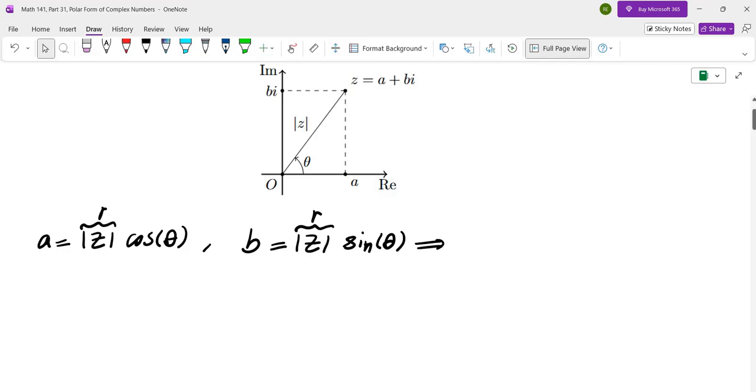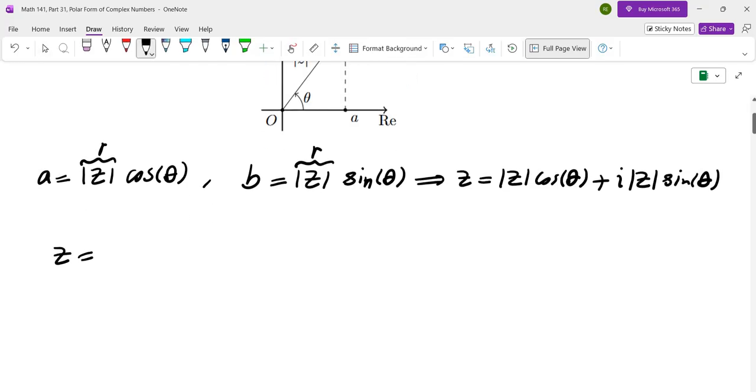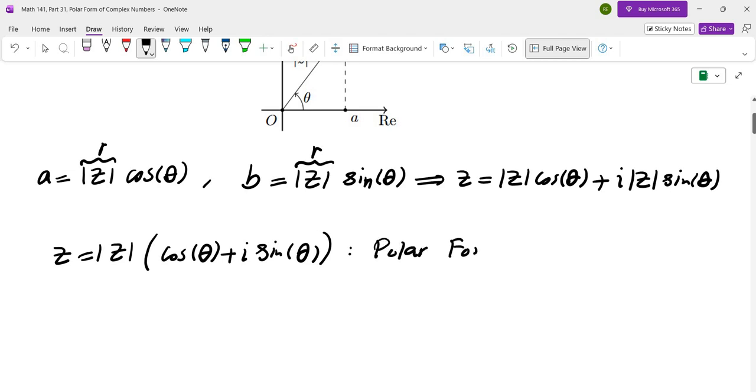So that tells us that z is going to be a, which is the absolute value of z times cosine of theta, plus i times the absolute value of z times sine of theta. So we can rewrite that as z equals the absolute value of z times cosine of theta plus i sine of theta. This is called the polar form of a complex number.